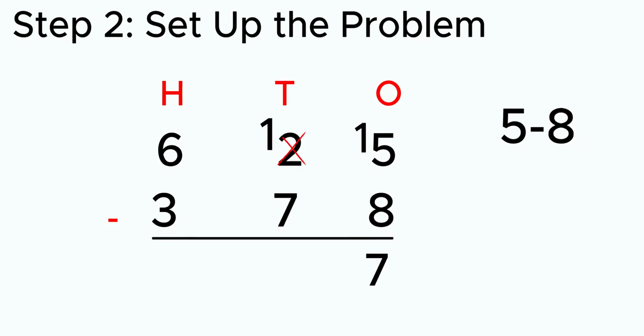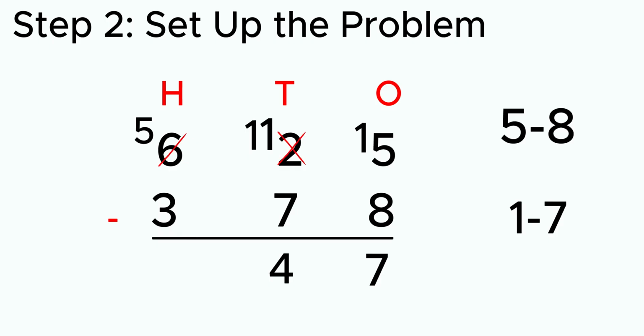Move to the tens. Can we take 7 from 1? No, we can't. So we're going to take from the hundreds place. 1 from the 6 leaves 5. And we're going to regroup that 1 to the tens place. Now we have 11. 7 from 11 leaves 4.